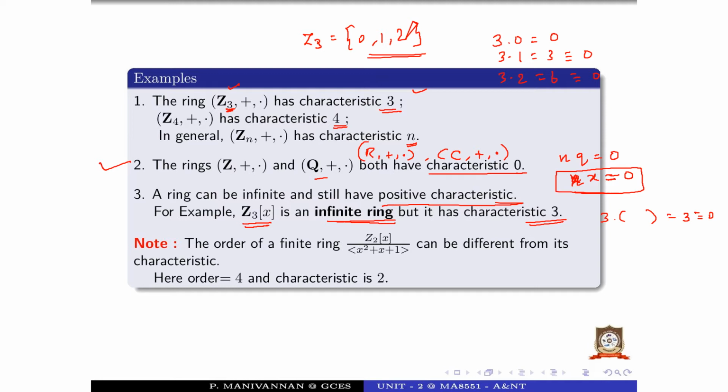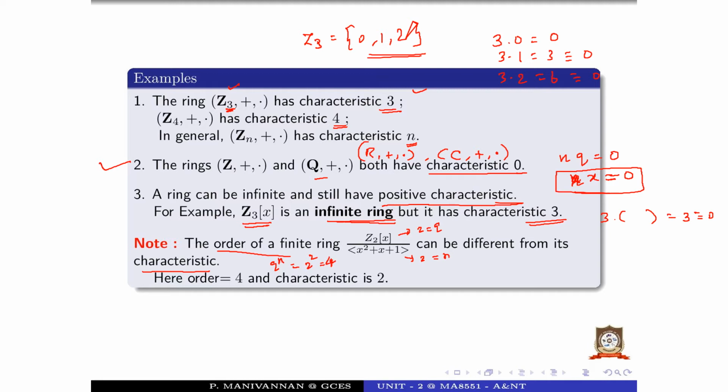Note: the order of a finite ring, for example the quotient ring Z2[x] divided by x² + x + 1, is different from its characteristic. Here its order is q to the power n, where Z2 has two elements, so 2 squared equals 4.